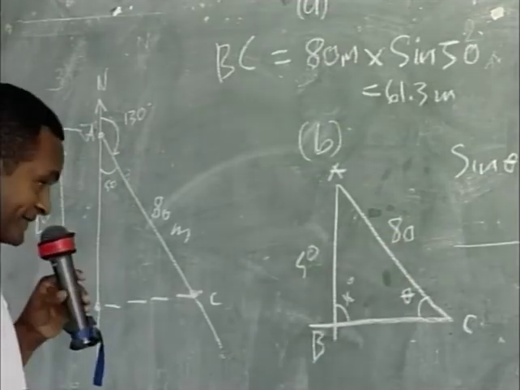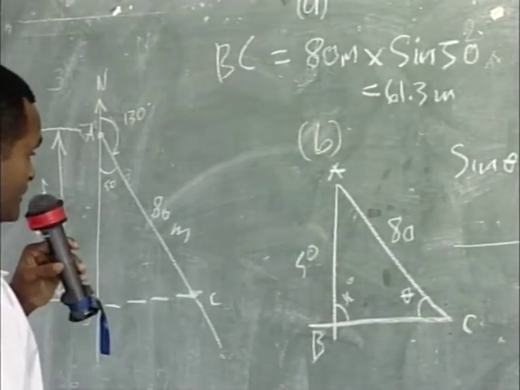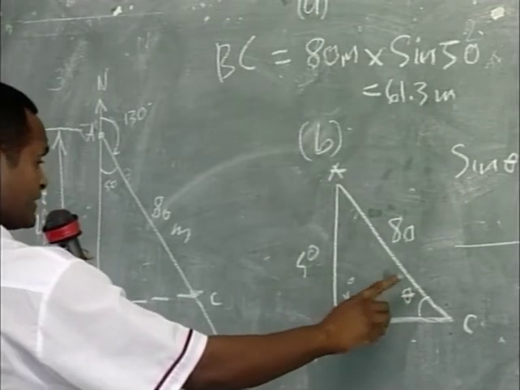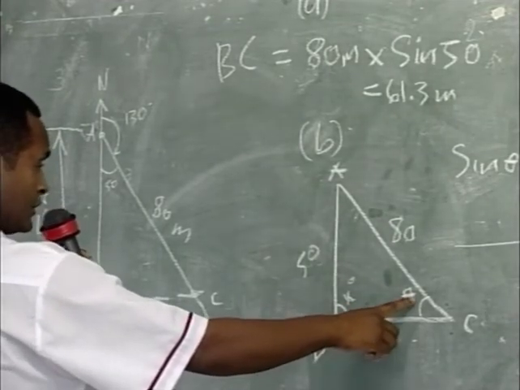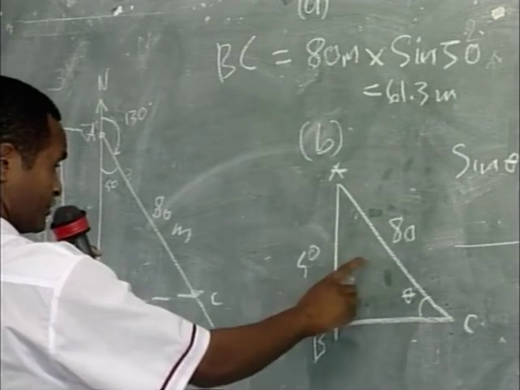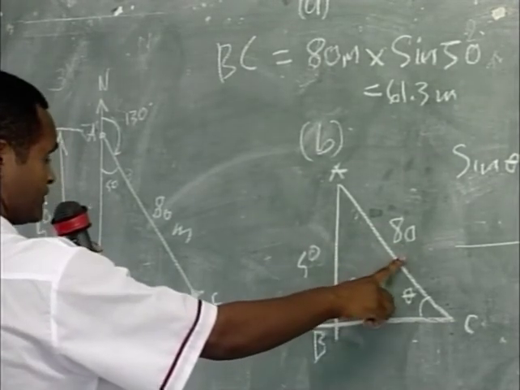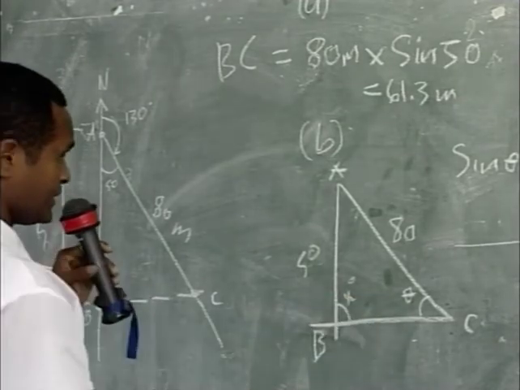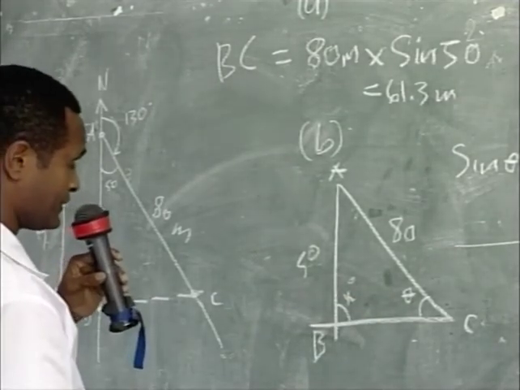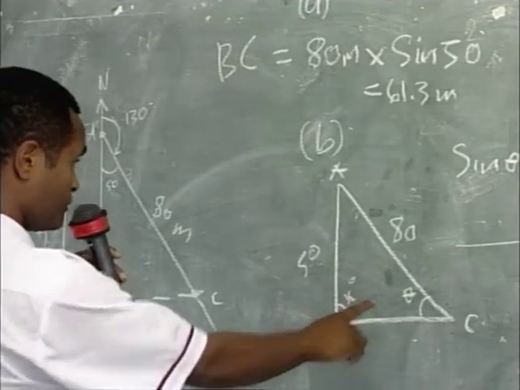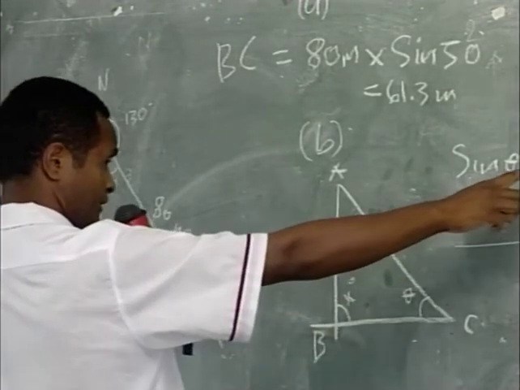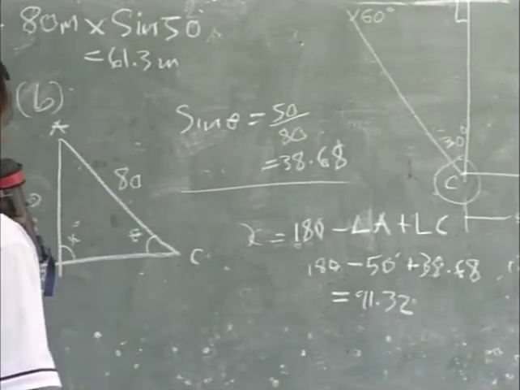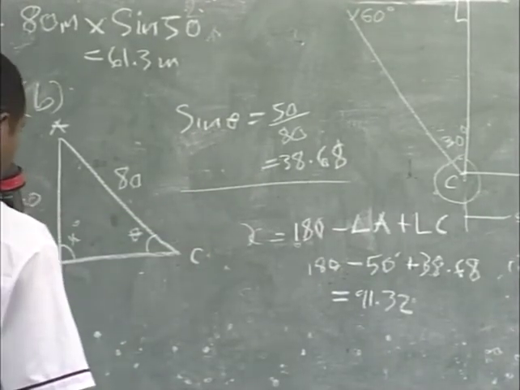Sine theta is opposite over hypotenuse. When we make theta the subject of the formula, I come across 50 over 80, which equals 38.68.